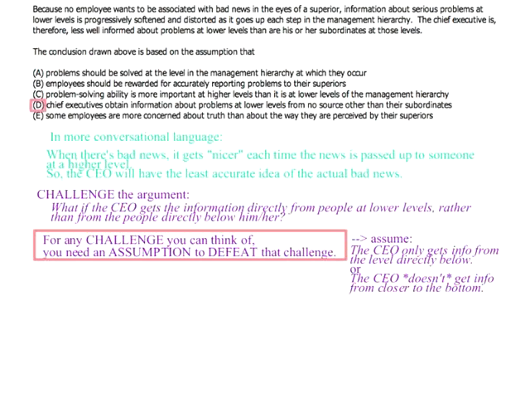You can also do this by negation. If you negate choice D, then chief executives obtain this information from no source other than their subordinates. Negating this is not very hard. You just say they do sometimes obtain the information from a source other than their direct subordinates.